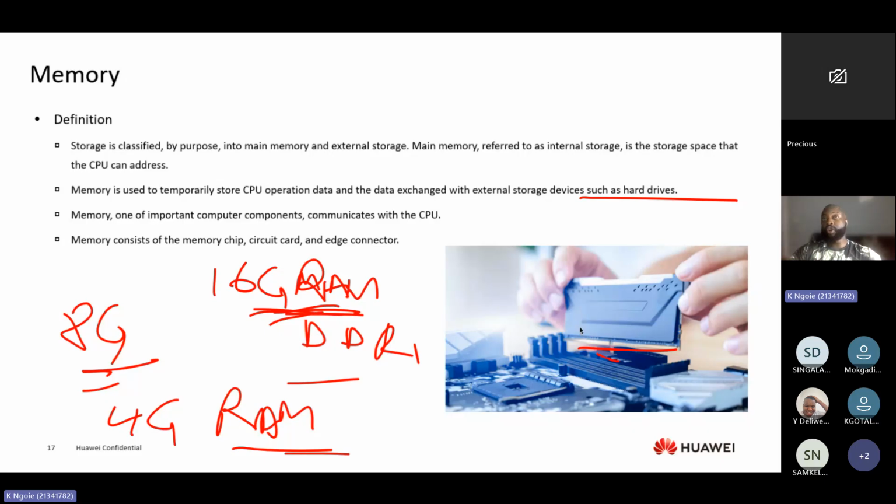And then you have non-volatile memory, for example, your hard drive. It means even if you switch off your hard drive, you still have the information. Okay, and then you also have the ROM, which is the read-only memory.